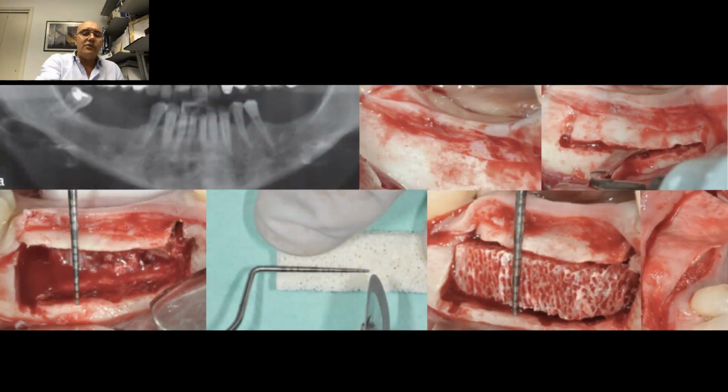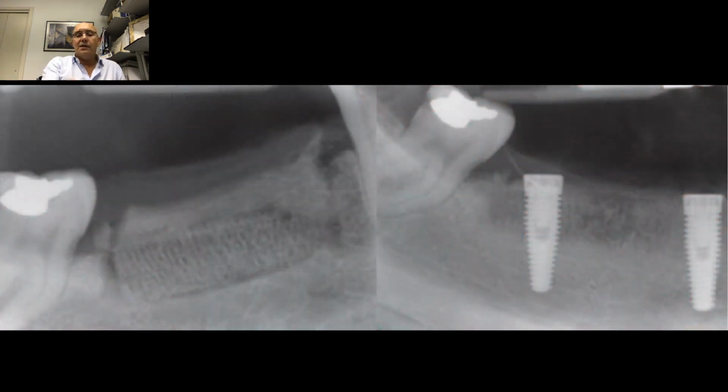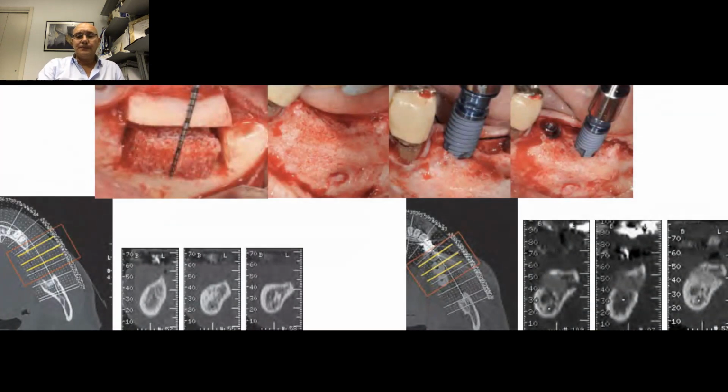It's a quite demanding procedure, but you can see that you can create a slot that is 6, 7, 8 millimeters, where you can just shape your wedge of a block of bone and then insert it in this area. And then upon healing, of course, you can see that you get a lot of horizontal and vertical augmentation, and then place also quite long implants.